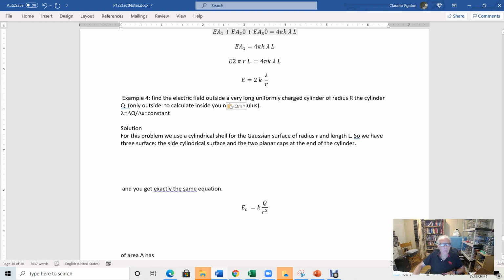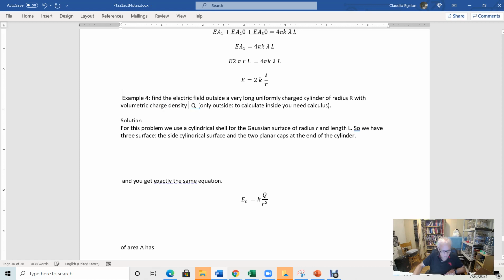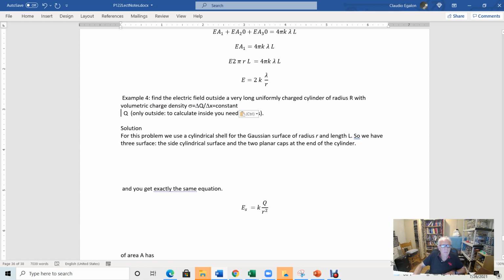Outside a very long uniformly charged cylinder of radius r, with volumetric charge density. I need to tell you that we usually represent it like that, rho equals delta q over delta v, which is constant.